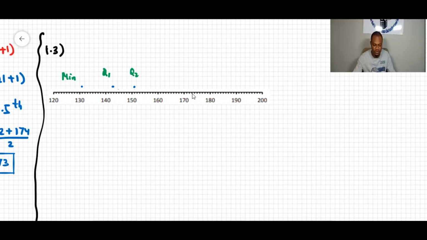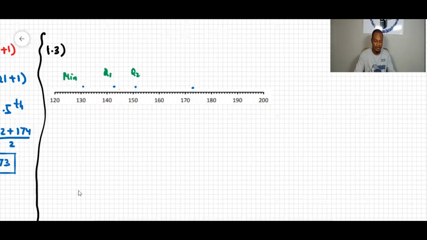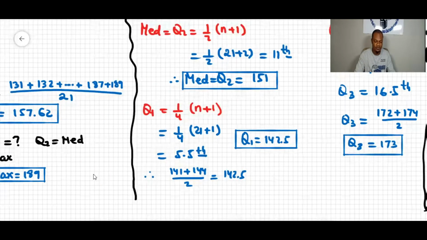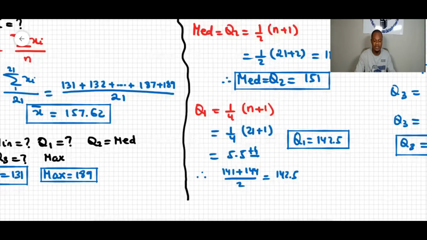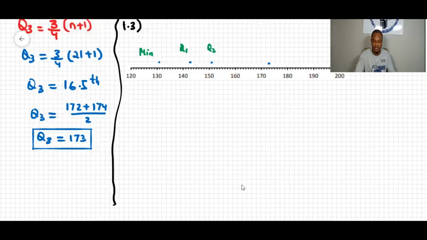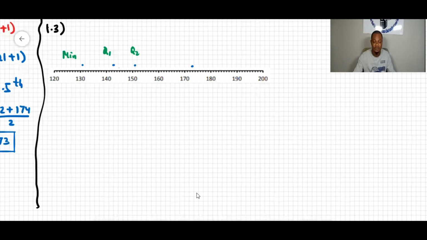So I will put my dots over there, and then the maximum. We did find the maximum over here. It was 189. So I'm going to move here and find 189, which is before 190. So 189 is there. So here we have Q3 is there, and then that's the max.